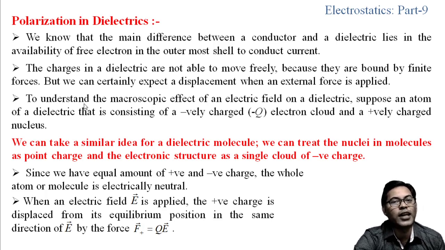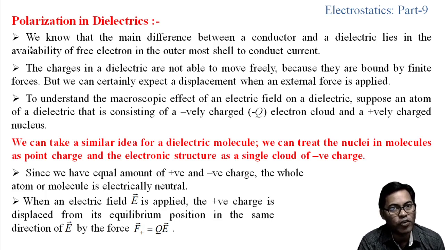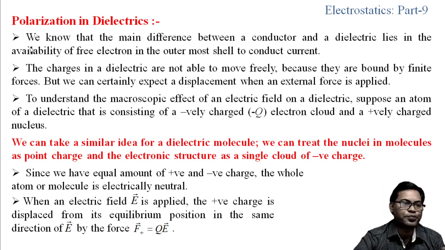The first point is that we know the main difference between a conductor and a dielectric lies in the availability of free electrons in the outer shell to conduct current. From that we can understand whether it is a dielectric or a conductor.